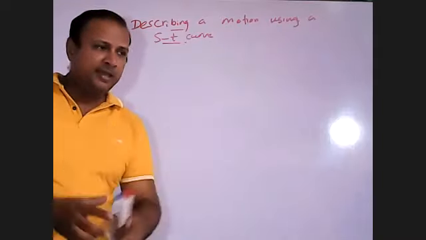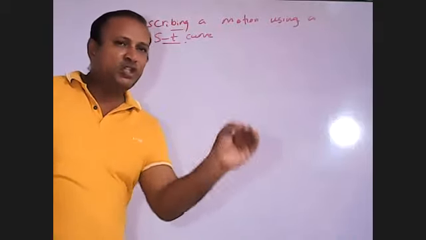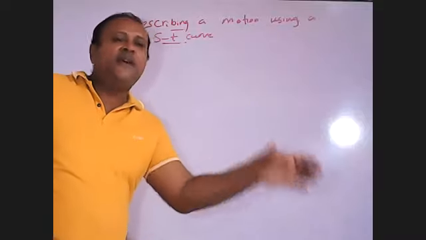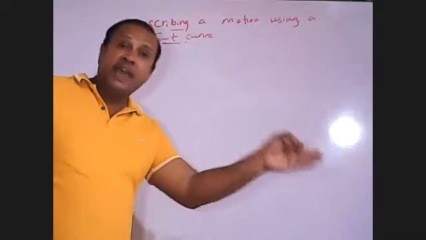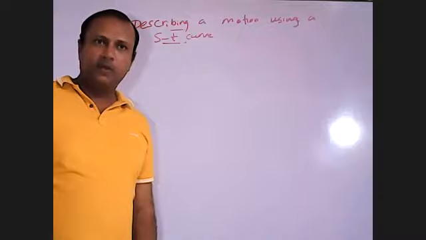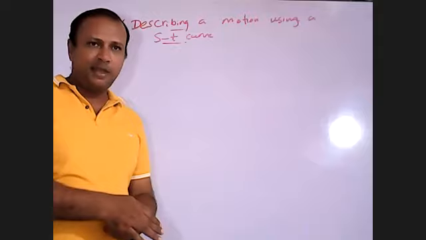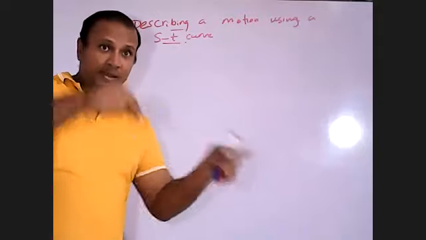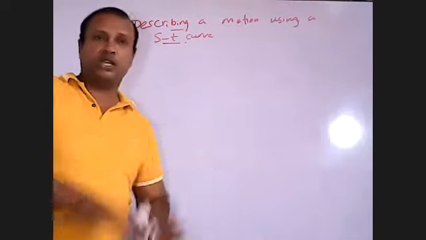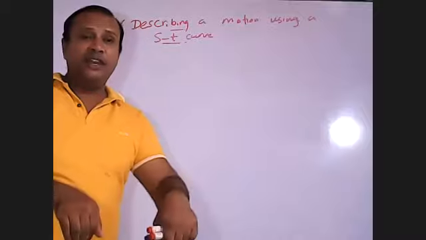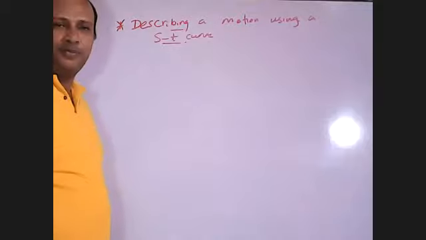What is my argument? If I want to describe a motion, I should know three factors: the current position, the direction of motion, and the way of moving. So if I want to describe a motion using an ST curve, I should identify those three factors in an ST curve.